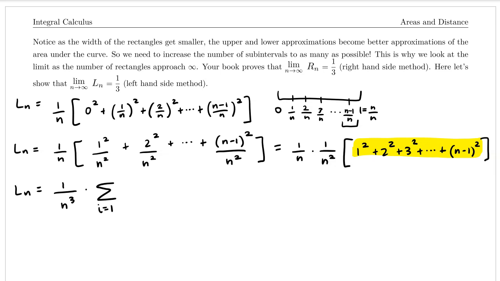We're going to be starting with i equals 1. What would our last index be? Our upper index is going to be n minus 1. And then the thing that we're summing is i squared.